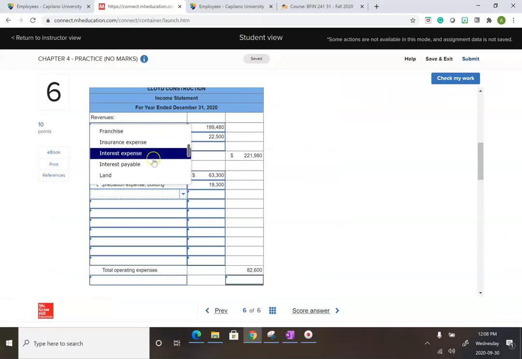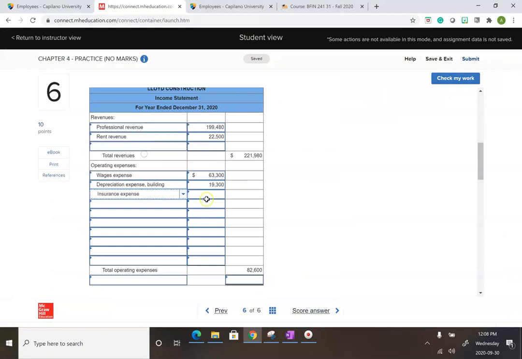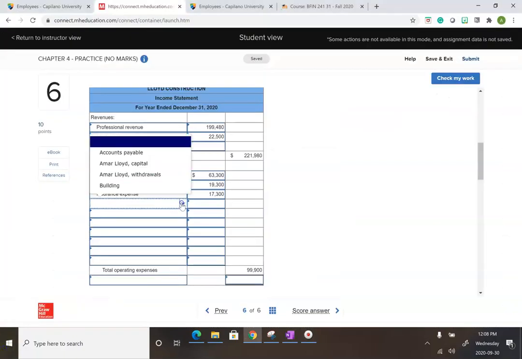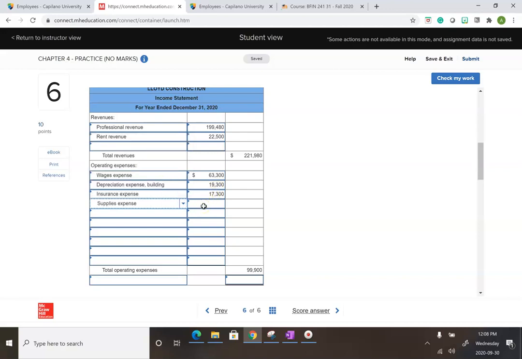So I'll find insurance expense, and that amount is 17,300, and I'll go back and check that off. And then the next one is supplies expense for 12,100. So I'll go into supplies expense, and I said that was 12,100.